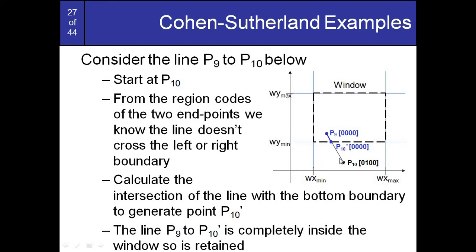So we need to calculate the intersection point at the bottom boundary of our given window. When we do that, the new intersection point P10 dash is generated, and then P9 to P10 dash gives us the line which is completely inside the window, and this portion will be retained.